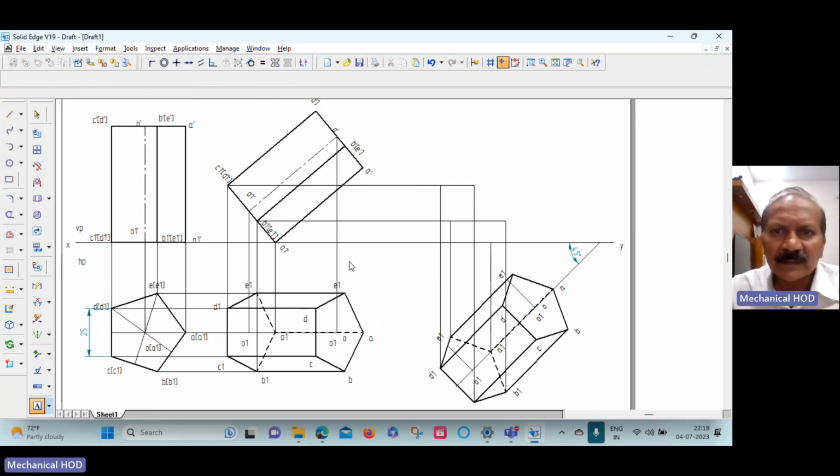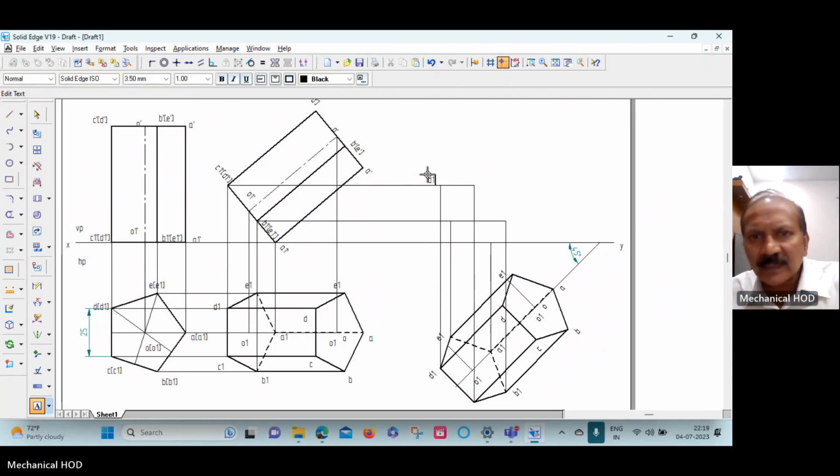You can name it. This is D1 dash. This should be C1 dash. A1 dash. D1 dash. This is D dash.